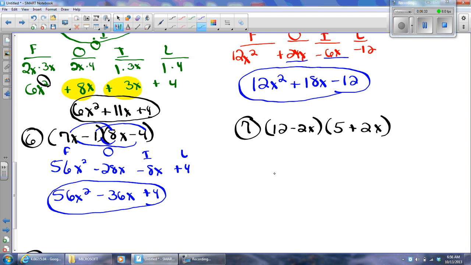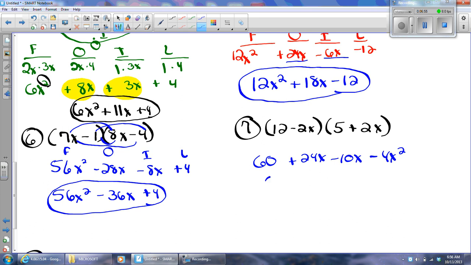All right, number 7. I'm not going to write down the FOIL. I'm just going to do my firsts and get 60. I'm going to do my outers and get a positive 24x. My inners a negative 10x. And my last will give me a negative 4x squared.